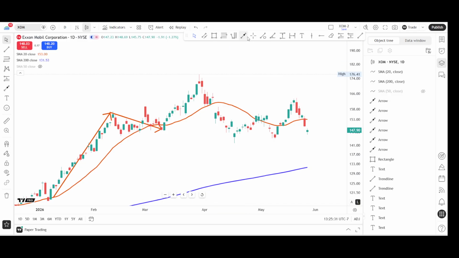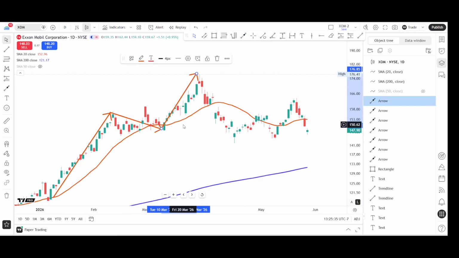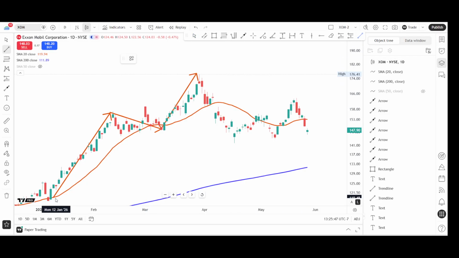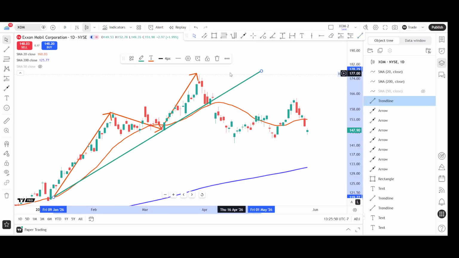And when you have 3 moves, this is 1, 2, and 3, you are wide and you are double wide. You better be going bar by bar here because this thing's going to end. You're going to capture that and you're out. And you've got your reversal here. Let's draw our trend line across the bottom here. This move here is going faster than this move, and you are out.